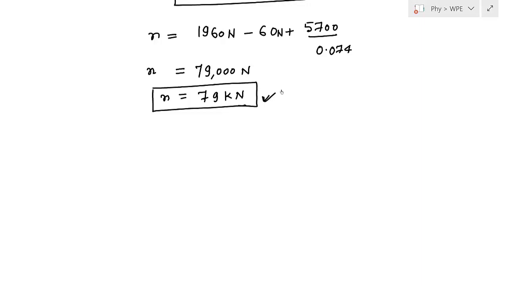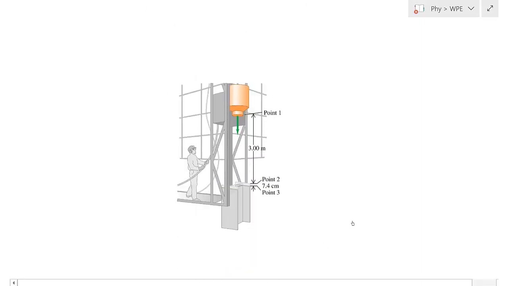And this is happening because if you increase the height, more work is done and subsequently that work gets converted into kinetic energy, that increases the velocity and that finally increases the impact force. Now let us summarize whatever we discussed in this problem.